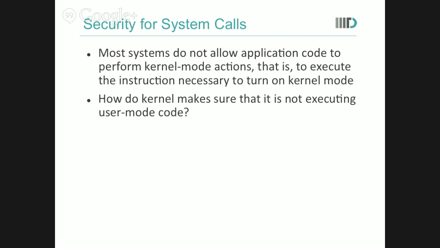So there is a chicken and egg question right here. I call this instruction. So what you are saying is, there are some instructions which, if I call them in user mode, I get an error saying this is not allowed. But I am calling the instruction that will put me inside that space.